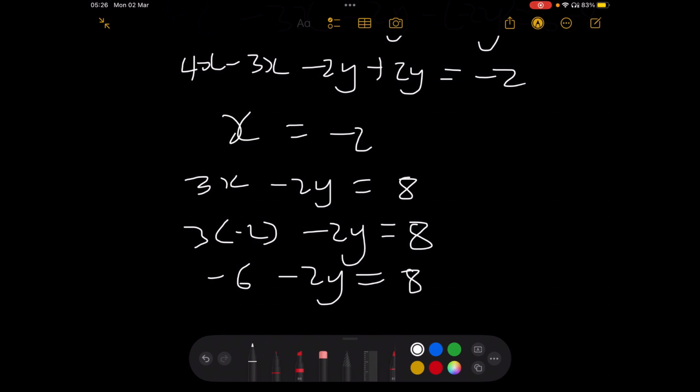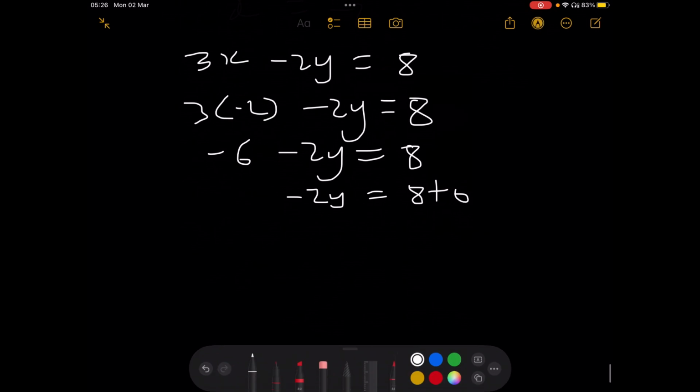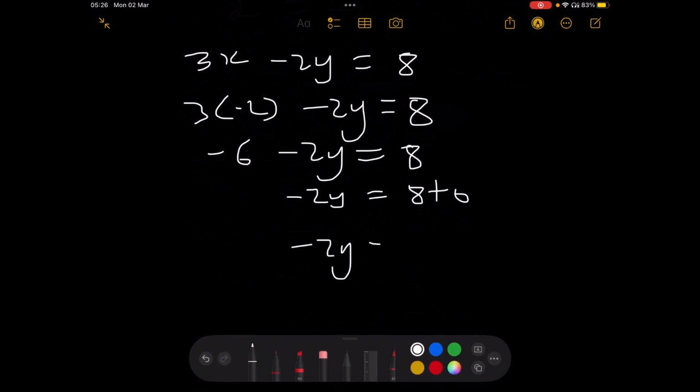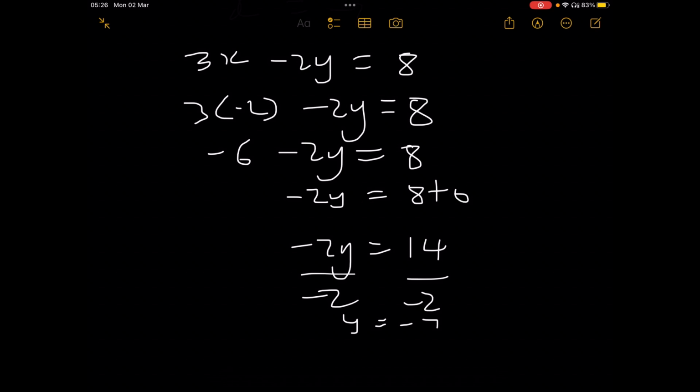Then we take the negative 6 to the right hand side, it becomes minus 2y equals 8 plus 6. It gives us negative 2y equal to 14. Divided by negative 2 both sides, we get y is equal to negative 7. And yeah, I think we're done with that.